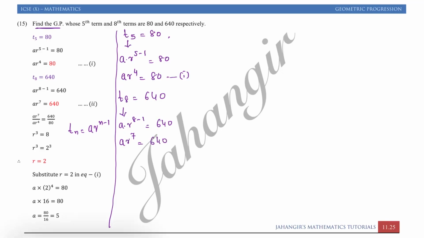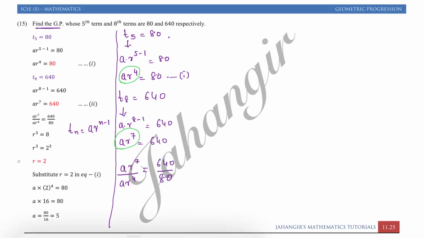As you see, the highest power is r raised to 7 and then r raised to 4 is the lesser power. So what I will do, I will divide both of them, keeping r raised to 7 in the numerator, r raised to 4 in the denominator, that is equal to 640 upon 80.